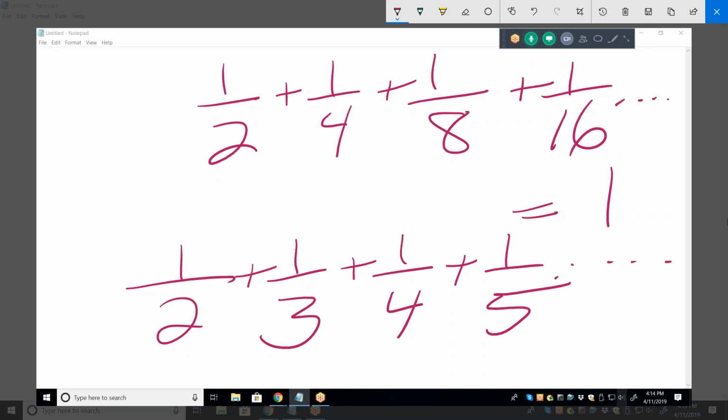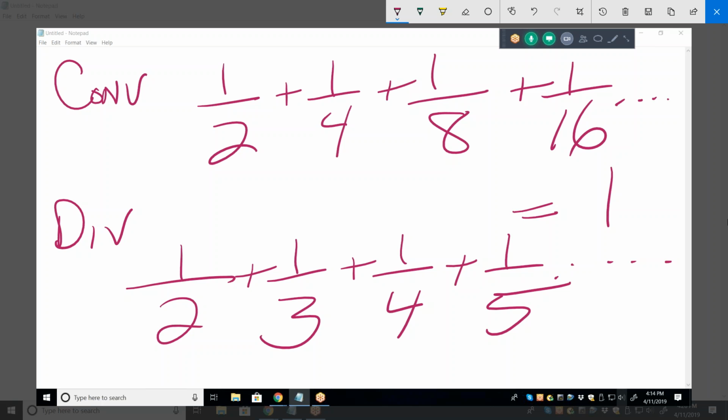This is called convergence. This is called divergence. When you get into calculus, Calc B, or Calc 2, is all about infinite series. And the first thing you have to determine about an infinite series is, does it diverge? If it goes to infinity, we can't answer any more questions about it.